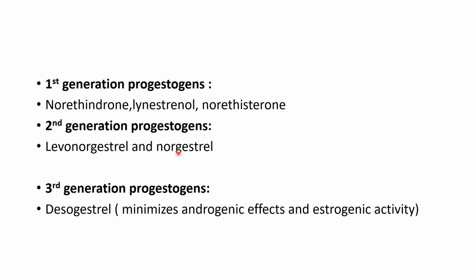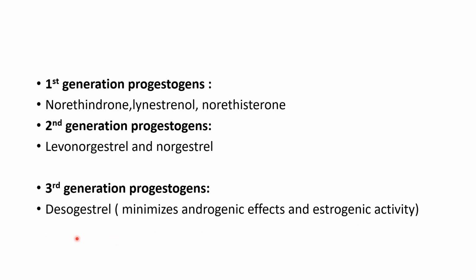Now, a short brief review of the generations of progestogens. The first generation progestogens include norethindrone, lynestrenol and norethisterone, which is available by the name of Primolut N in Pakistan. Second generation progestogens include levonorgestrel and norgestrel. Third generation includes desogestrel. Desogestrel is the newest progestogen, and the benefit of this drug is it minimizes androgenic effects and estrogenic activity.